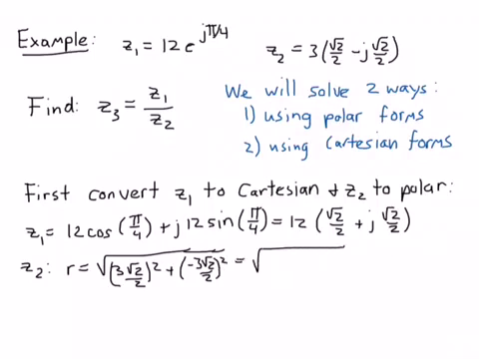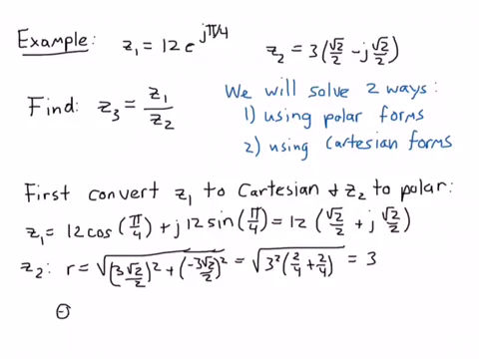And then we can rewrite that, and we can pull the 3 out of either, 3 squared. Square root 2 over 2 squared is going to be 2 over 4. Square of minus root 2 over 2 is 2 over 4. So the radius is just 3. It's the square root of 3 squared. Okay, so that's the radius, easy to compute.